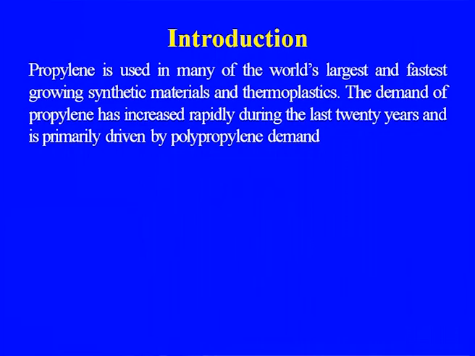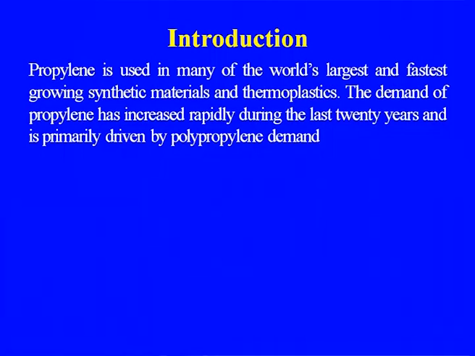Propylene has become a very important product for the automobile sector, and its importance is increasing with the increase in population and automobiles. Propylene is used in many of the world's largest and fastest growing synthetic materials and thermoplastics.